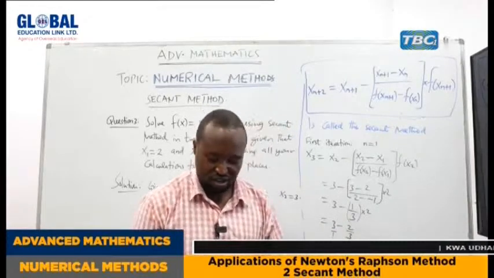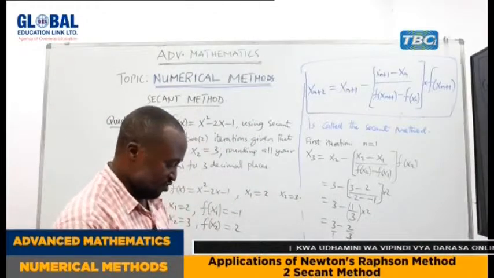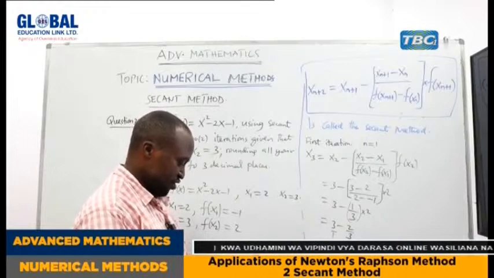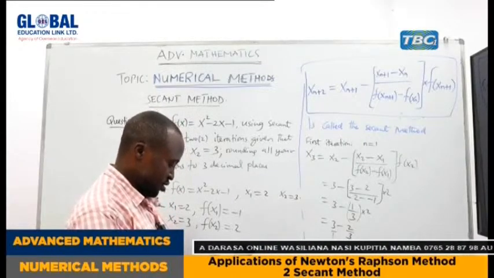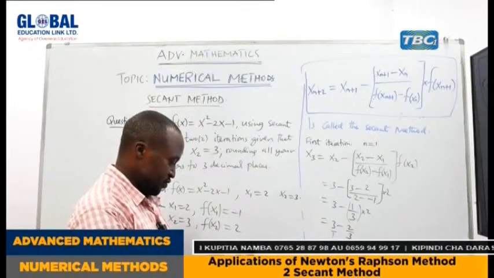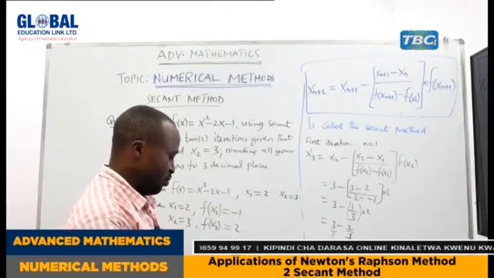So just use your calculator to find the final answer. So we have 3 minus 2 over 3. But remember, we write in decimal places.